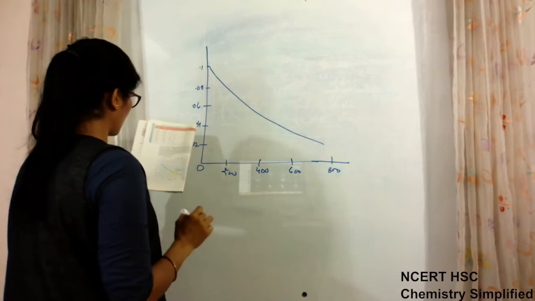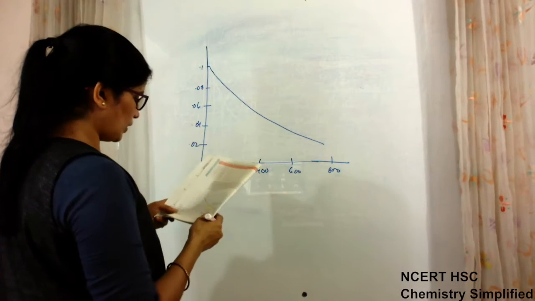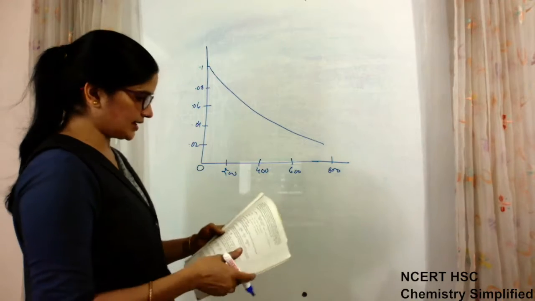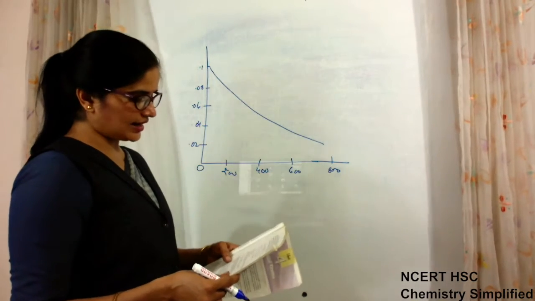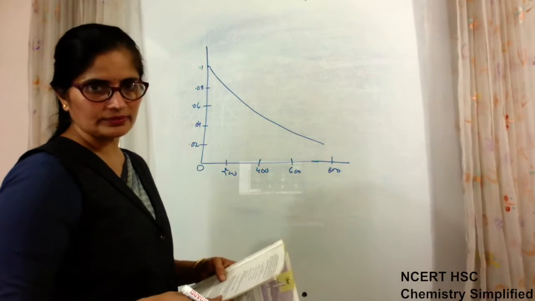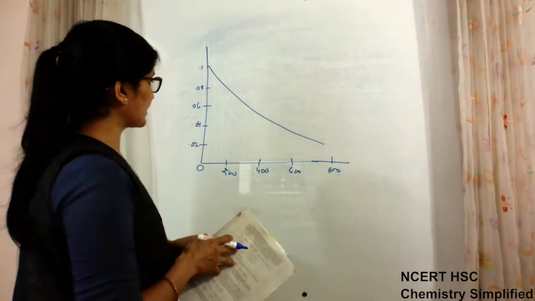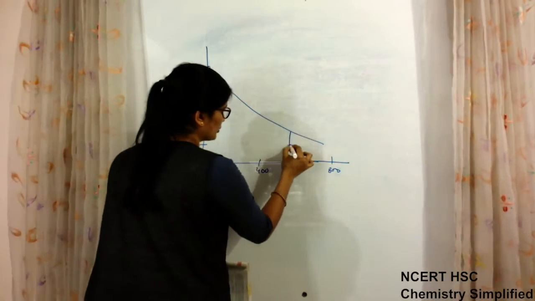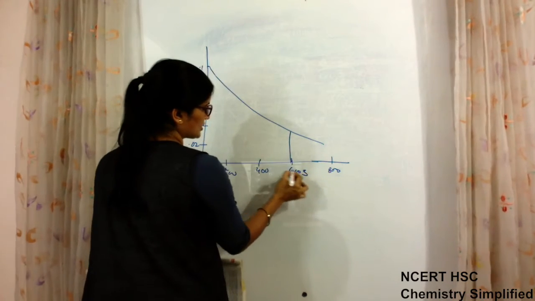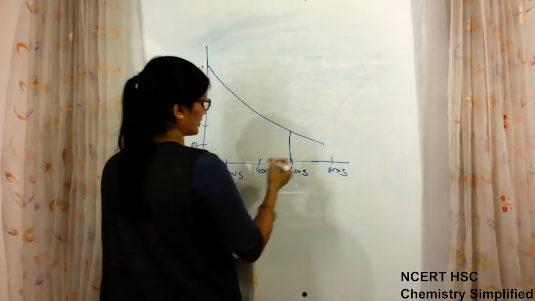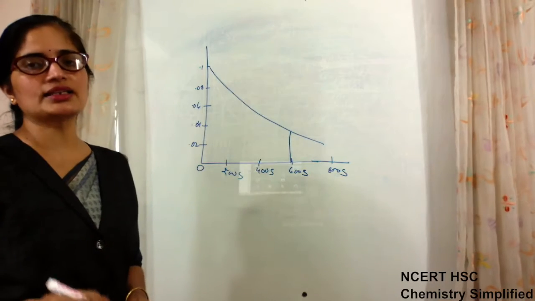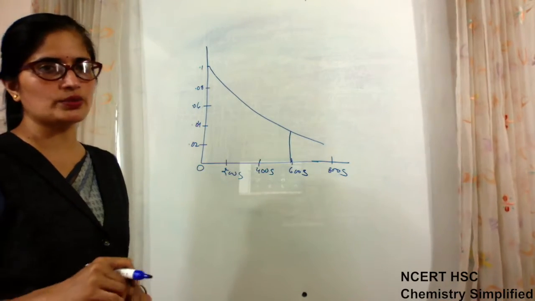The values are given. Now question says that find out the instantaneous rate of reaction at 600 seconds. Time given is seconds. At 600 seconds, they want the instantaneous rate value.